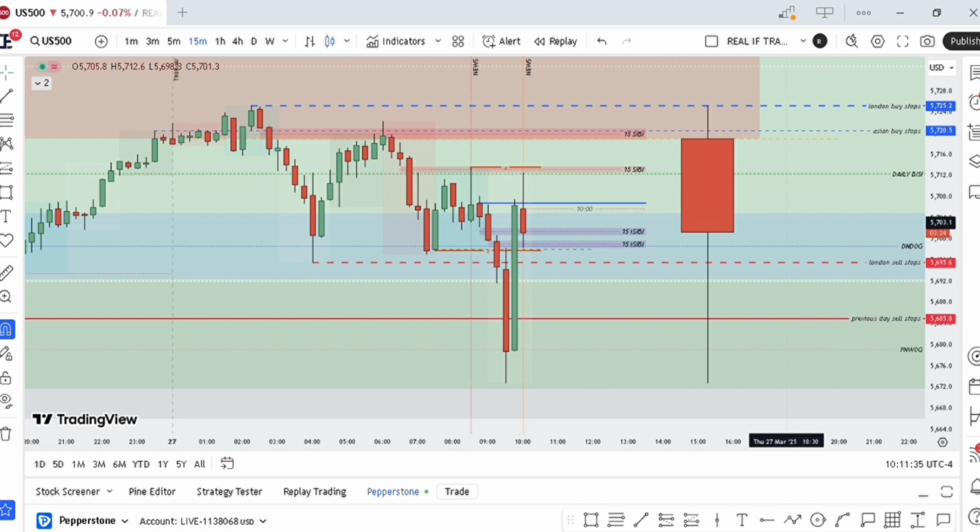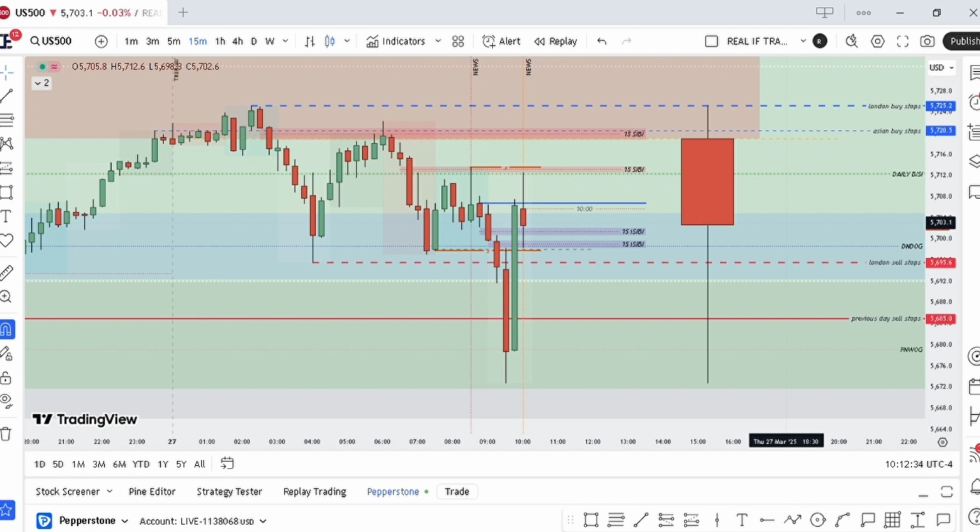I would want to see it get support at those levels. Then that would give me confidence that we would eventually get that change in the state of delivery for that anticipated bullish order block, which would be those down close candles.